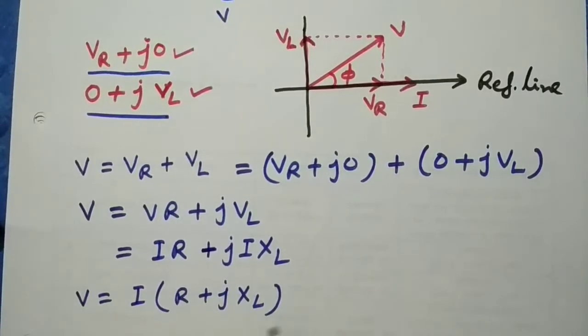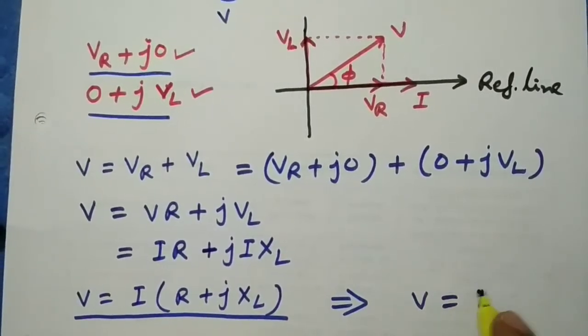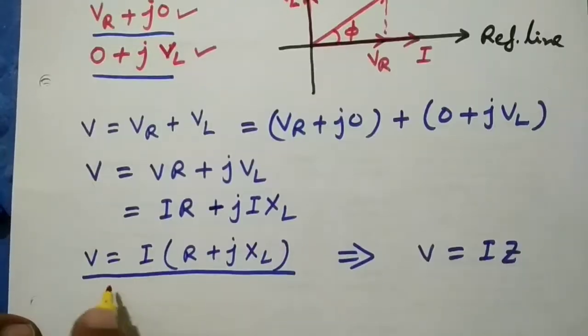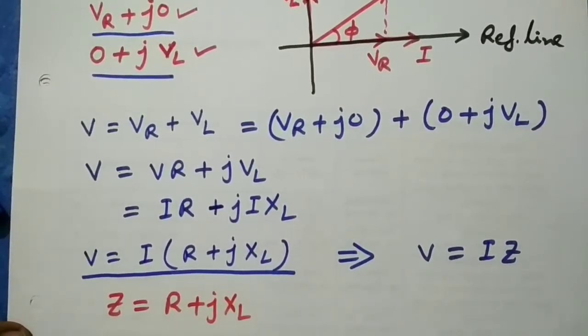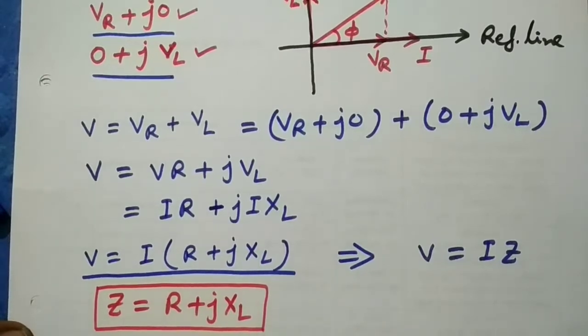Previously you have seen that this term is represented as V is equal to I into Z. So now we can say that here Z is equal to R plus jXL. So this is the complex notation of the impedance of a resistive inductive circuit.